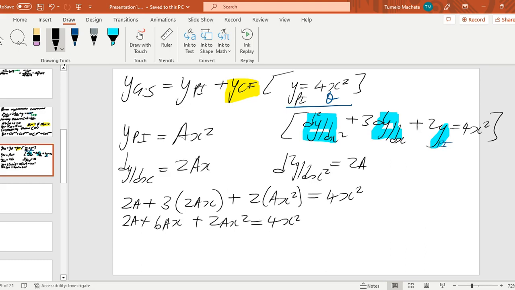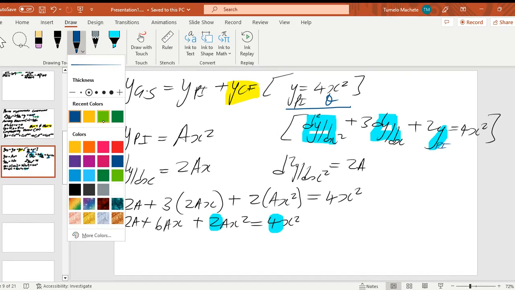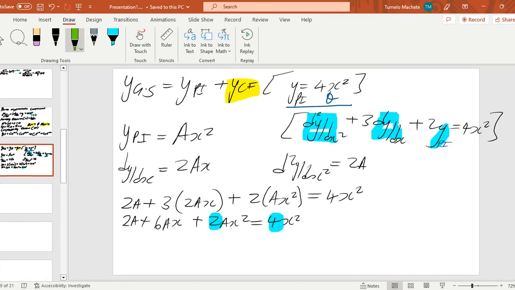So here we're only going to consider the coefficients. A coefficient is the number before a variable, this number. They call it a coefficient. So we're going to look at those numbers, and we consider the coefficients of the highest power.